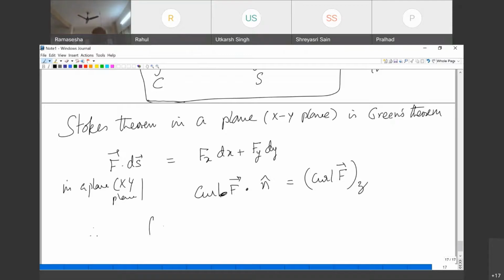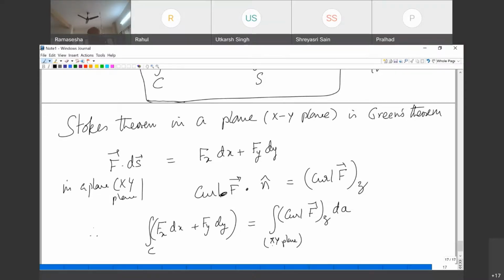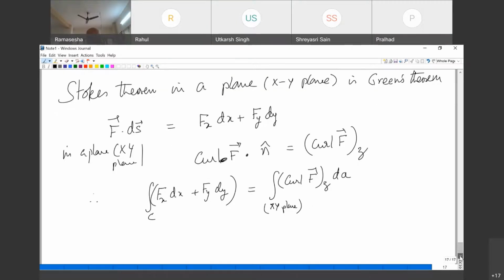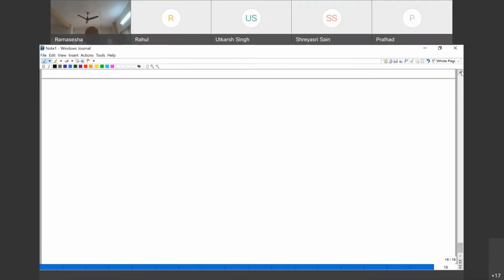Therefore, the integral of fx dx plus fy dy along a closed loop is equal to the integral of the curl f z dA, the area in the xy plane. Is it clear? Yes, sir. Okay, and this is called Green's theorem.